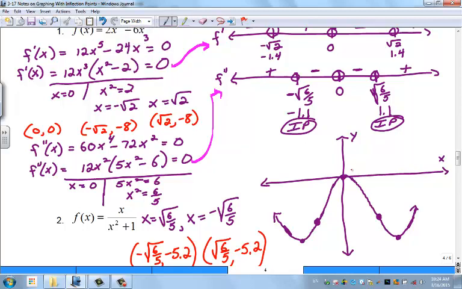So this is 0, 0. This is radical 6/5, comma, negative 5.2. This is negative radical 6/5 and negative 5.2.